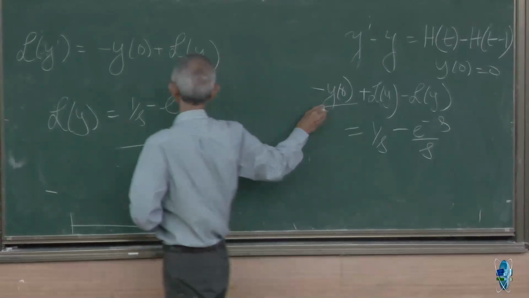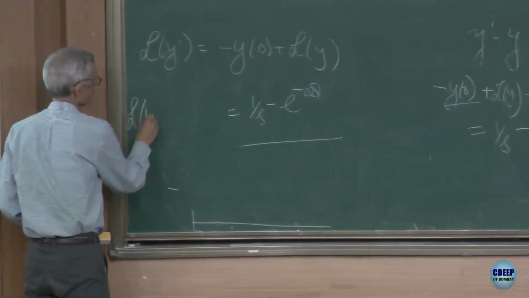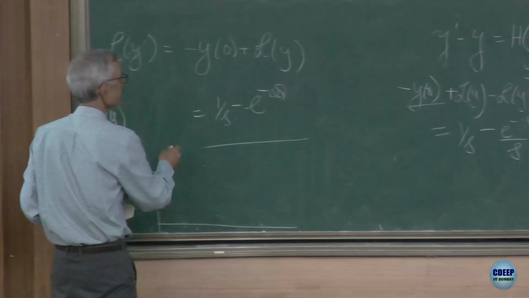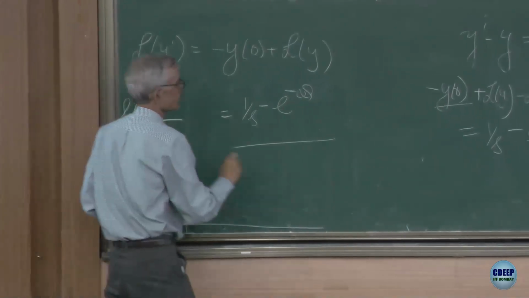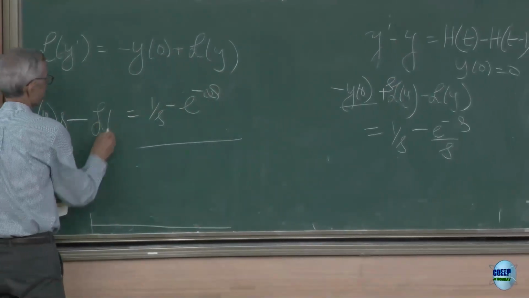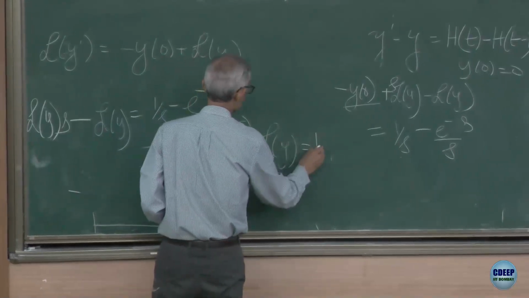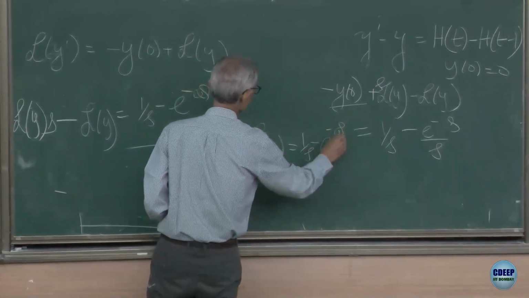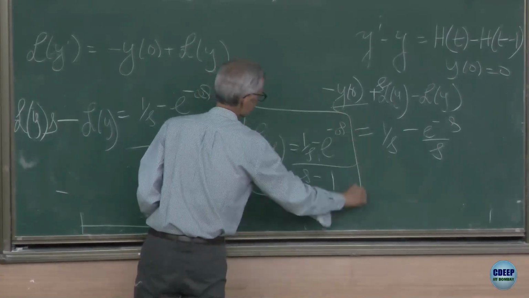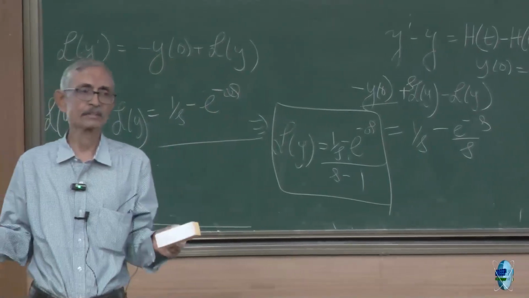So y0 is 0 and this is s L(y) minus L(y). This implies Laplace of y is 1 by s times e to the minus as upon s minus 1. Solution has been obtained.